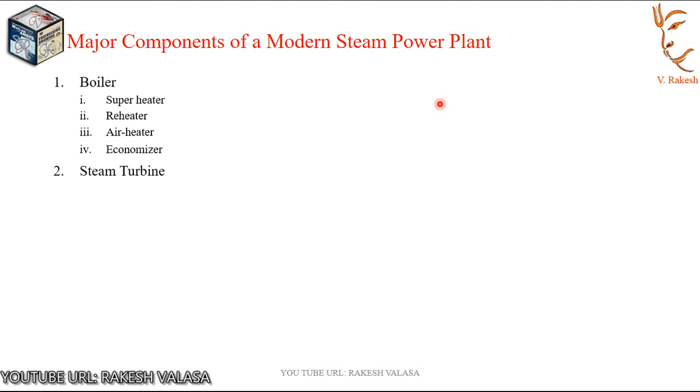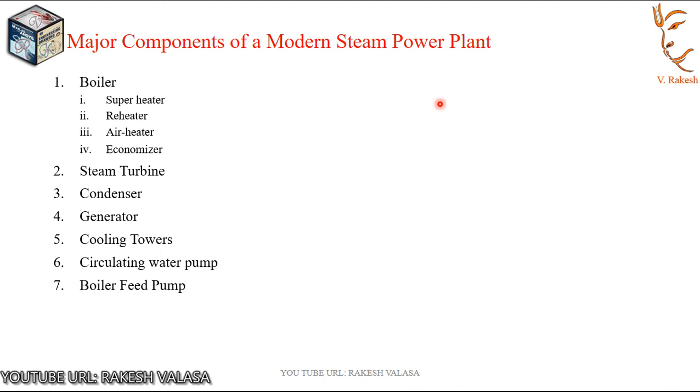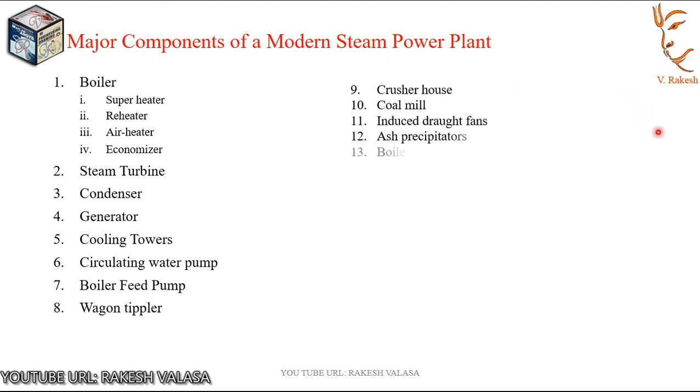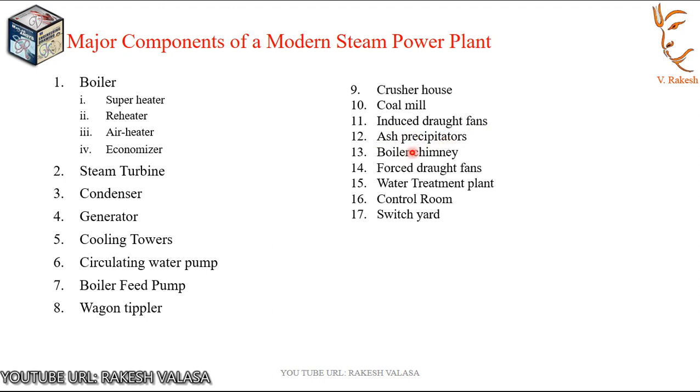Second one is steam turbine, condenser, generator, cooling towers, circulating water pump, boiler feed pump, wagon tippler, crusher house, coal mill, induced draft fans, ash precipitators, boiler chimney, forced draft fans, water treatment plant, control room, switchyard. These are the major components of a modern steam power plant.